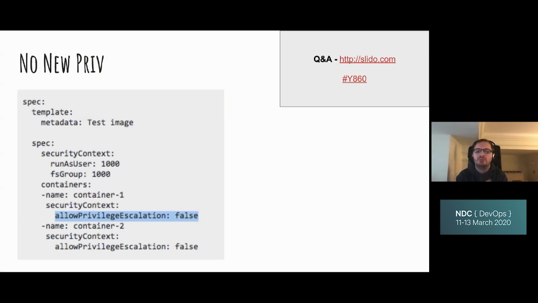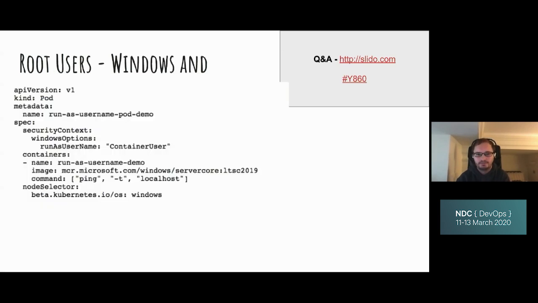Blocking this blocks certain additional system calls that Linux has in place, and makes sure the user will always stay as the low privilege user we've defined in our security context, and can't accidentally become root through an exploit, a kernel hack or some misconfiguration.